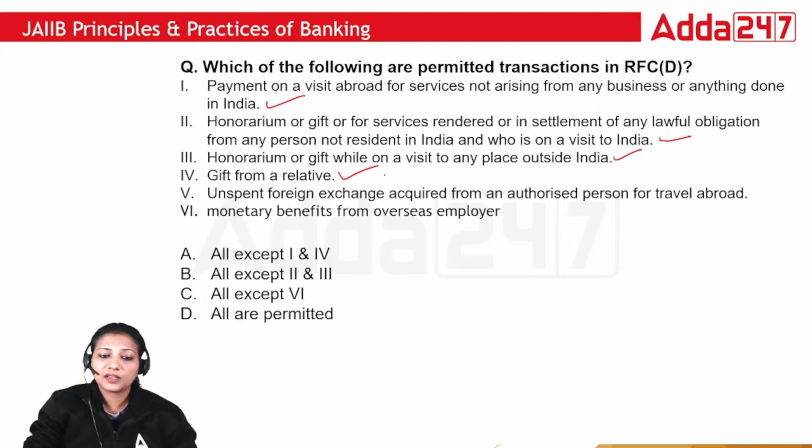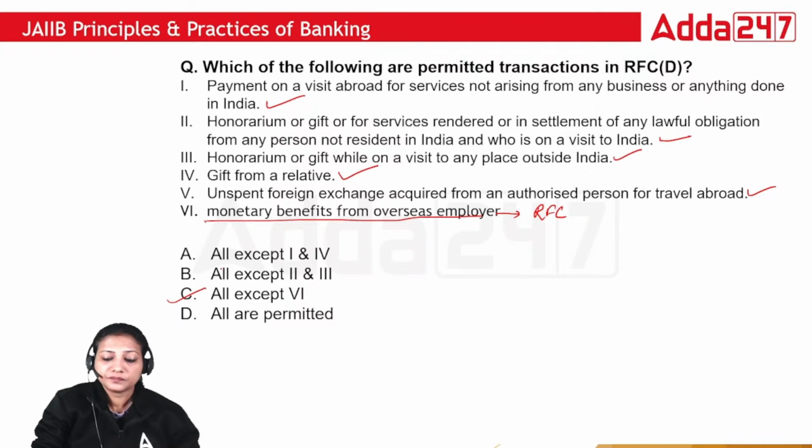Gift from relative is also allowed in RFCD account. Unspent foreign exchange acquired from an authorized person for travel abroad, this can also be made, but this can be credited in RFC account, not RFCD account. So all except 6 are permitted transactions.